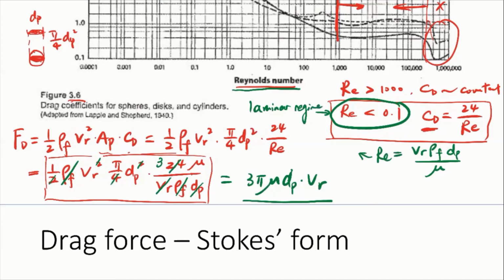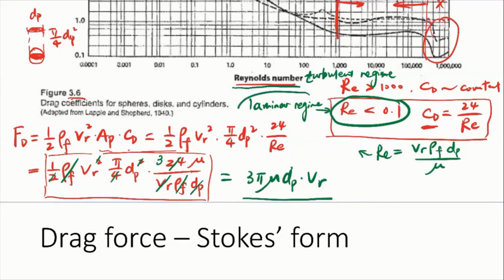And when the Reynolds number is above 1000, that's the turbulent regime. Because the turbulent regime is too complicated, and normally involves a lot of equations, in this class we're going to deal with the laminar regime only, right? So that's why we can get this equation here.